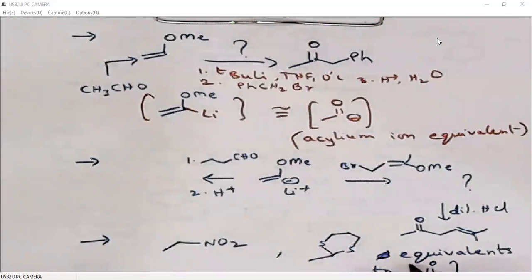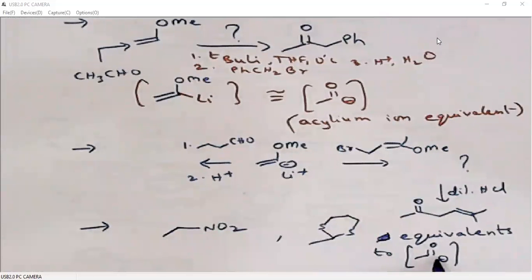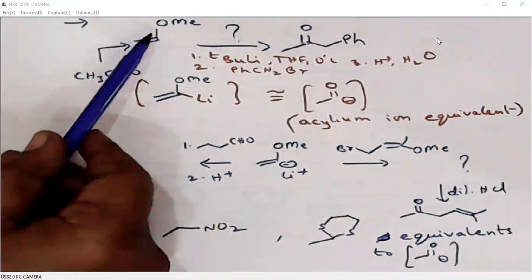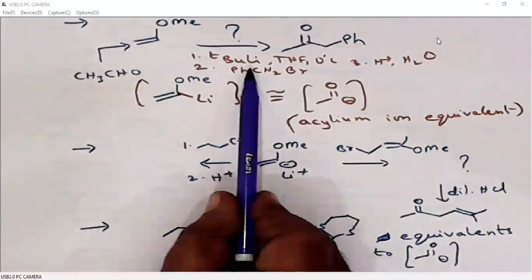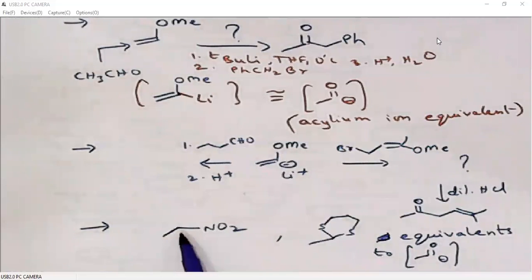Generally, it is not possible to generate an anion here, right? We need to use Umpolung reactivity. Then only we can generate anion here. So how do we generate anion here? We cannot generate this directly, but indirectly when we use this alkyl vinyl ether with alkyl lithium, we can generate this anion, or alternatively we can use nitroalkanes or carbonyls which are protected as dithianes.